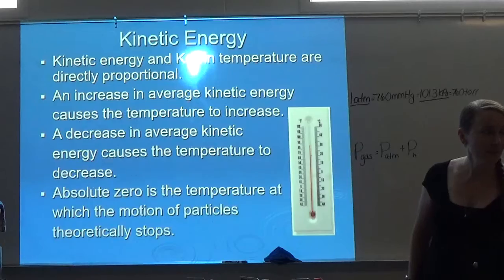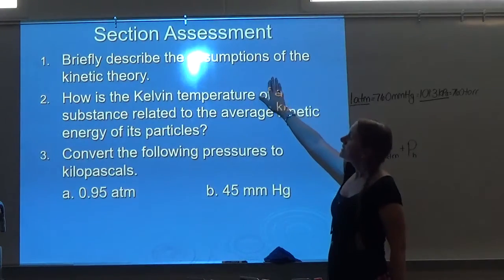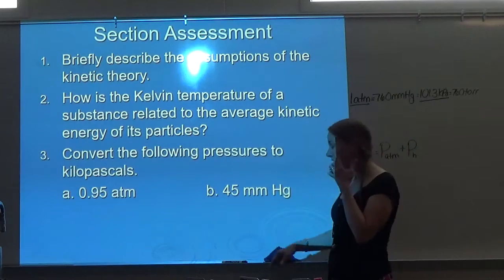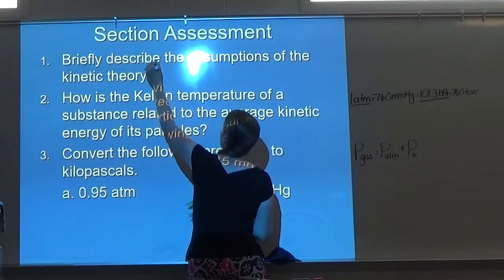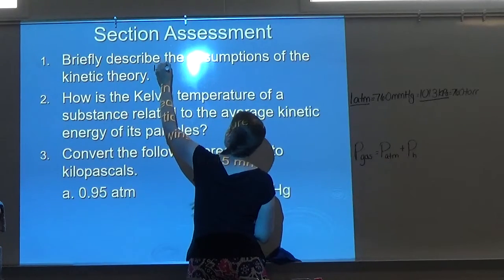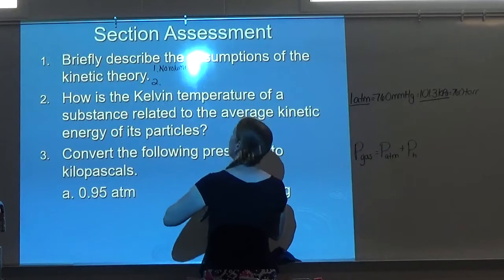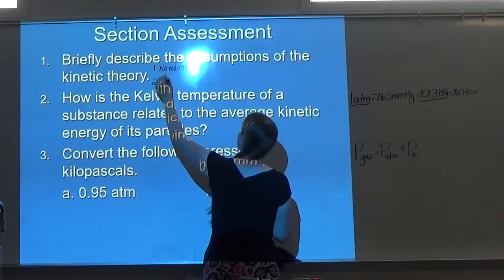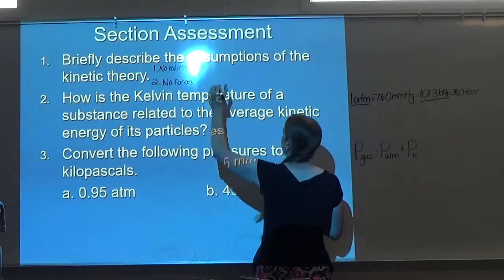So, section assessment. Briefly describe the assumptions of the kinetic theory. Alright, so the kinetic theory says that the particles, basically we can assume they have no volume. The particles are moving so fast and so far apart, we can basically assume they have no forces, attractive or repulsive, between them.